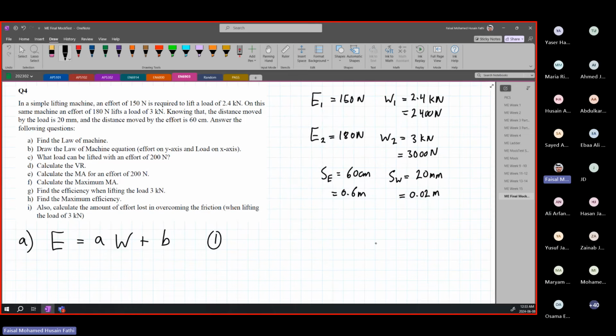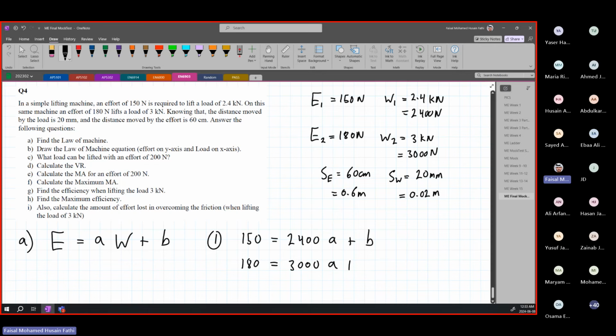Equation 1 using E1, which is 150, is equal to A times W1, which is 2400 A plus B. Same thing again, we're going to apply this for the next set of values, E2 and W2. So 180 equals 3000 A plus B.